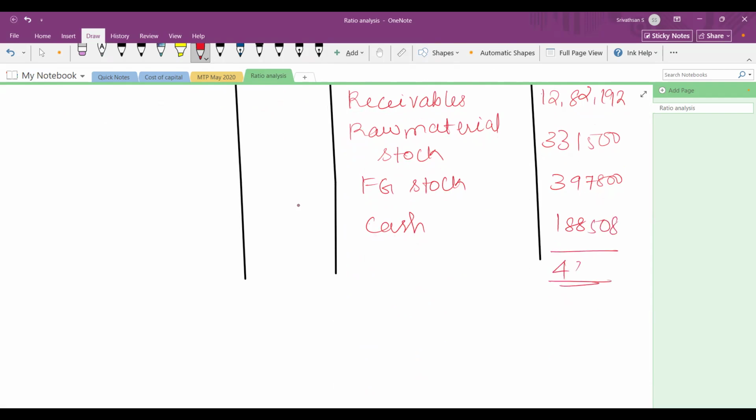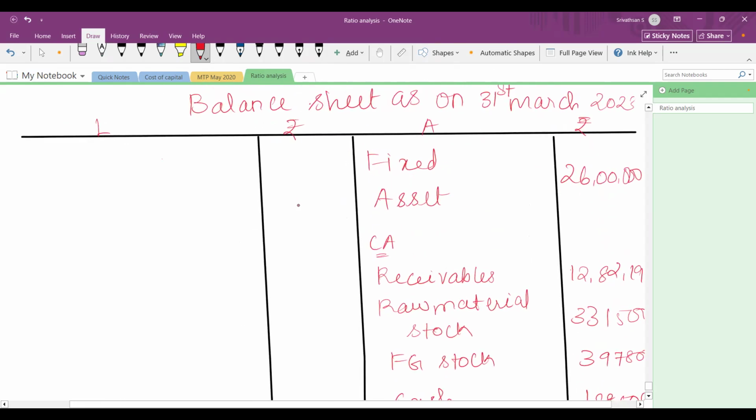It is 48 lakhs. On the liability side, first we have equity share capital. How many rupees? 3 lakhs. Then reserves and surplus, 12 lakh.